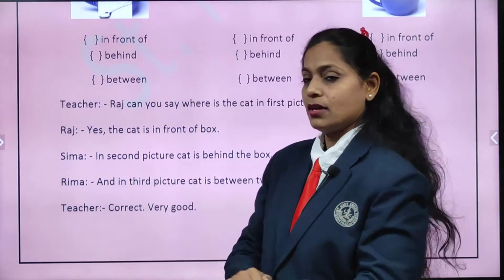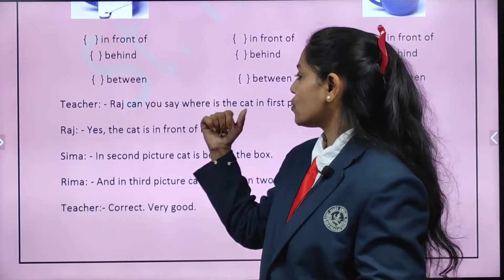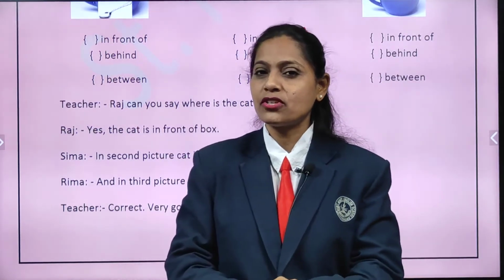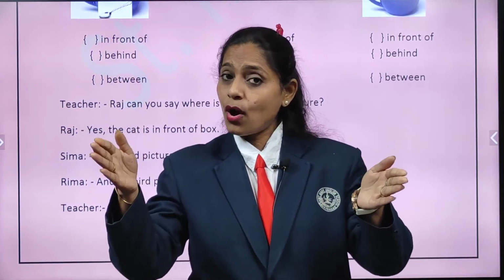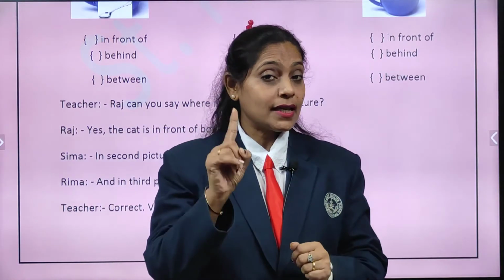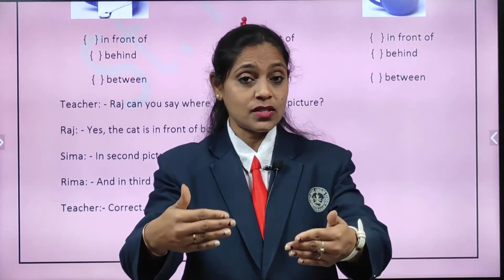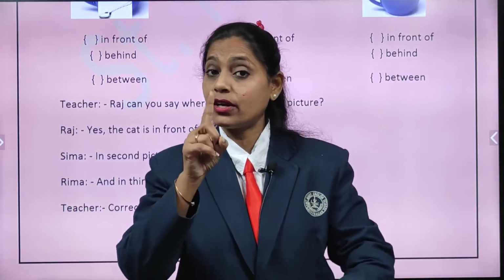Now the teacher is asking something of her students. Teacher: Raj, can you say where the cat is in the first picture? Do you remember that first picture? There was a box and there was a cat. In the first picture, where was the cat? Correct. The cat was in front.